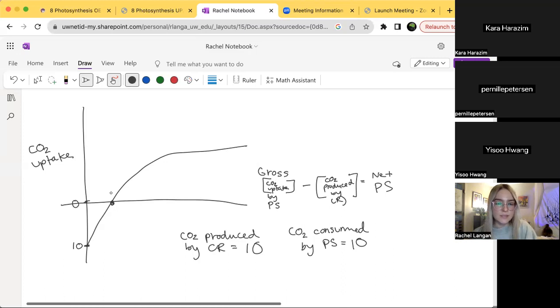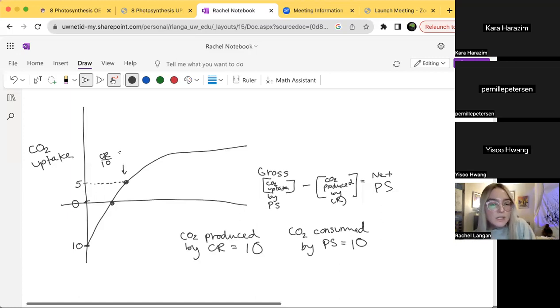And so then you can imagine another point here, let's say this point is 5. So that tells me again the amount of CO2 at this point produced by cellular respiration is 10. It's going to stay constant.